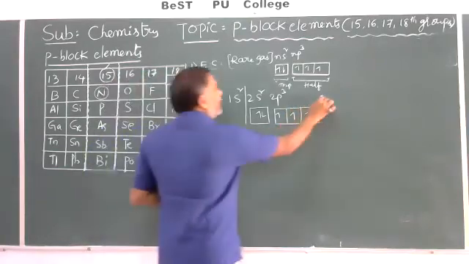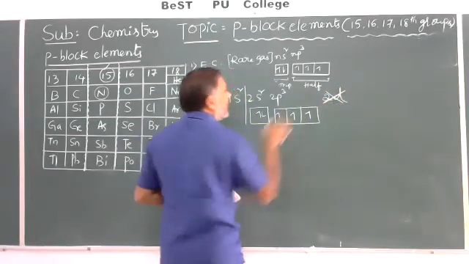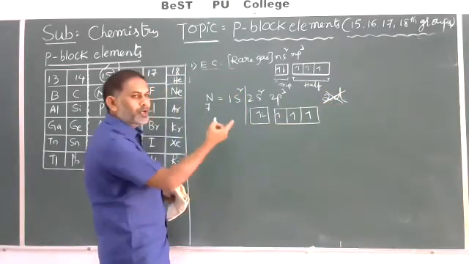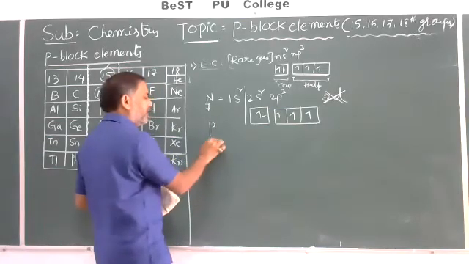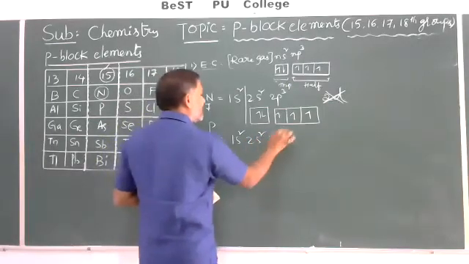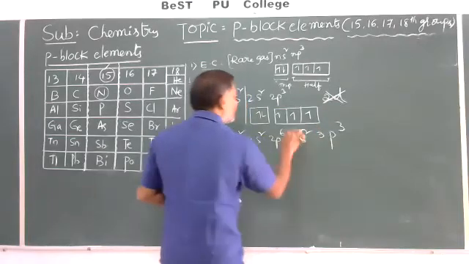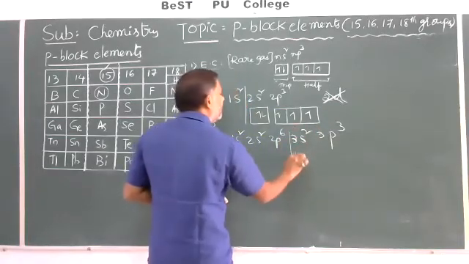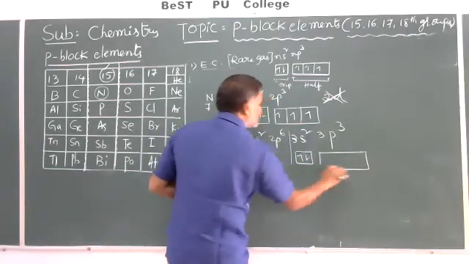But in nitrogen there is no 2d orbital: unavailability of d orbitals. Whereas in the case of phosphorus, atomic number 15, the configuration is 1s2, 2s2, 2p6, 3s2 and 3p3. The valence electrons here are also 5 in phosphorus.